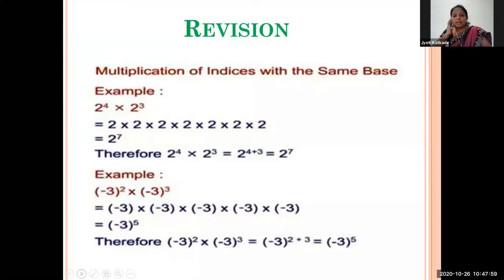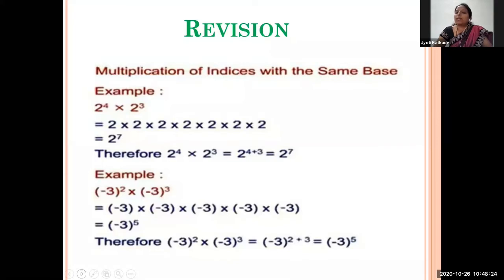Then the second example, minus 3 bracket raised to 2 into minus 3 bracket raised to 3. Now 2 and 3, these are the powers. So take multiplication of minus 3 five times: minus 3 into minus 3 into minus 3 into minus 3 into minus 3. So we get minus 3 bracket raised to 5.